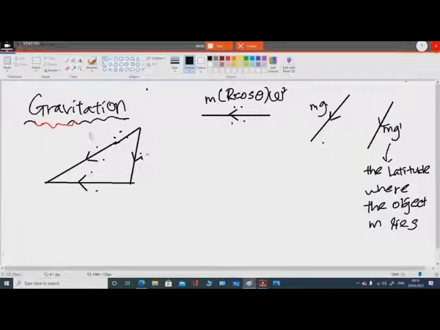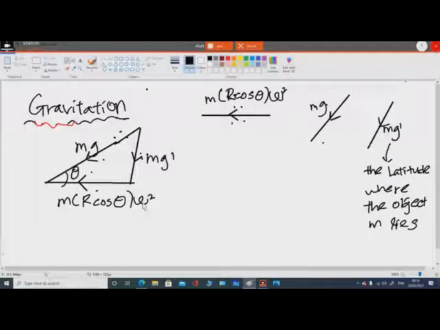So this one is r cos theta omega square. This one will be our mg prime here, and this one will be our mg. This one will be our theta. So how can we determine the actual gravitational field strength exerted on the mass m?